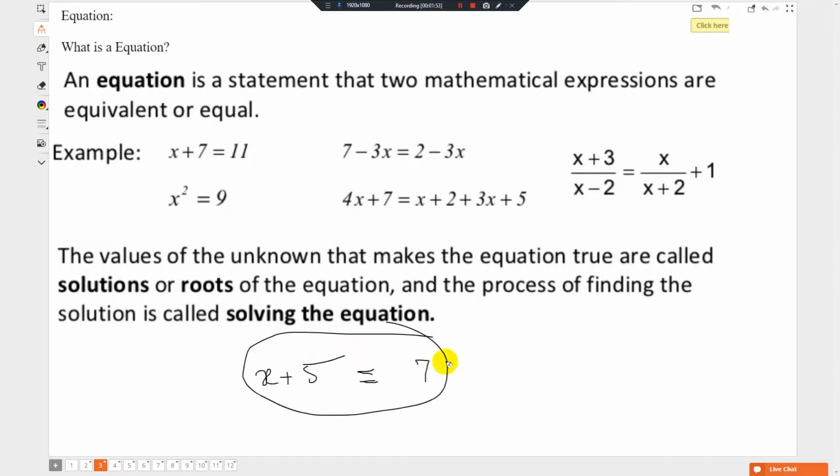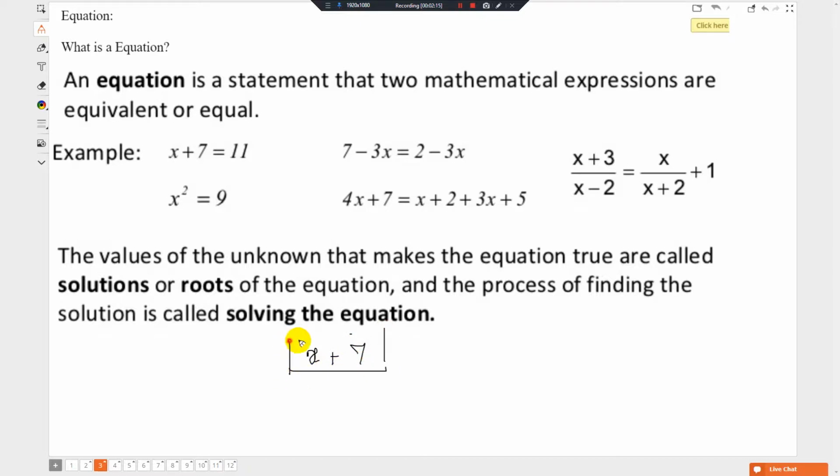This whole forms an equation. Now what if there is only something like this? Is this an equation? No, that's an expression. That is half of an equation.